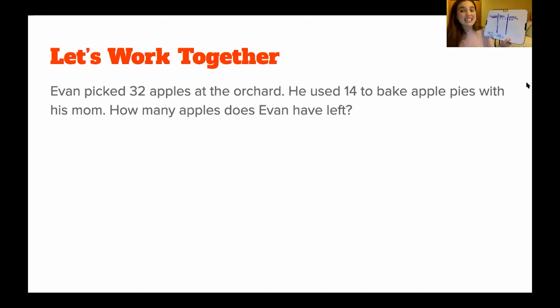The first thing I see when I look at this problem is that I know I'm going to have to take away 4 ones, and right here, I do not have enough ones to take away. So we're going to do the same thing we did in the very first problem, and take away a 10 and write out 10 ones.